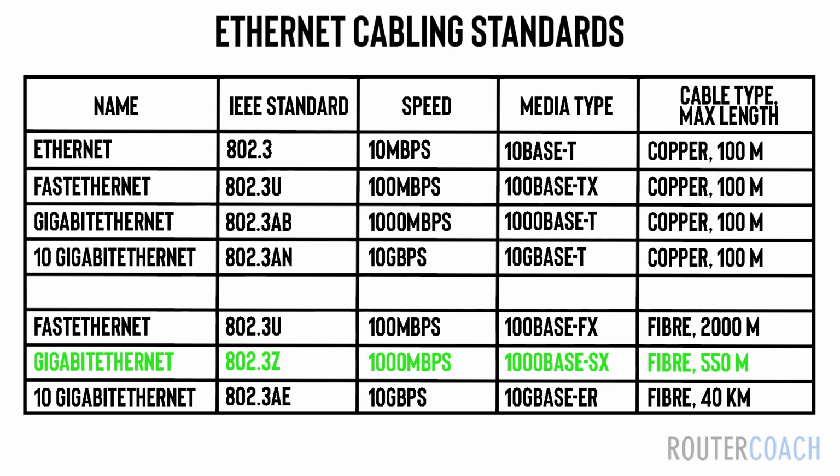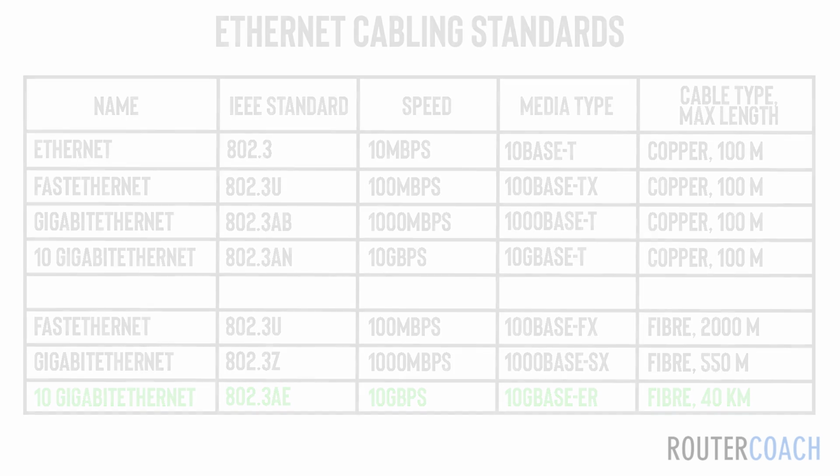It uses multimode optical fibers for transmitting and receiving data and supports cable lengths of up to 550 meters. 10BASE-ER is a fiber optic Ethernet standard that provides a maximum data transfer rate of 10 gigabits per second, Gbps. It uses single-mode optical fibers for transmitting and receiving data and supports cable lengths of up to 40 kilometers.